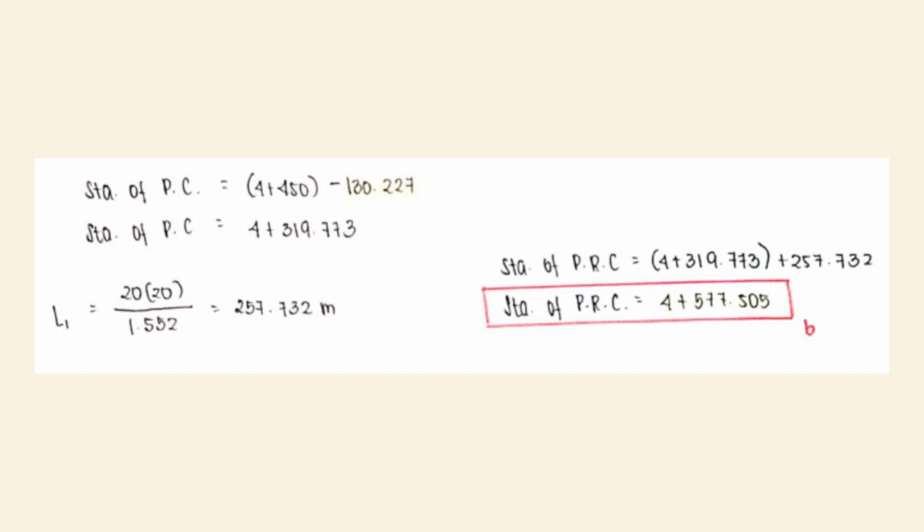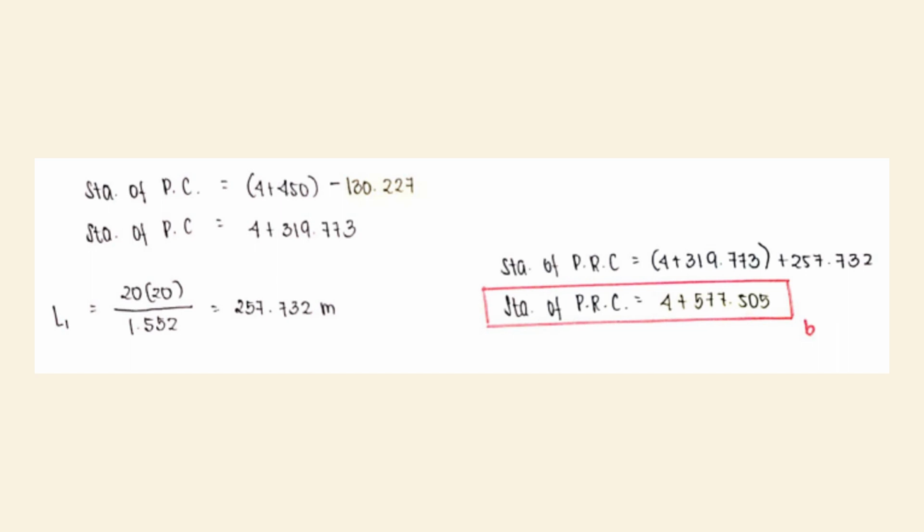L1 would be equal to 20 multiplied by 20 degrees over 1.552. So the value of our L sub 1 is equal to 257.732 meters. Now that we have the values of the stationing of the PC and the value of L sub 1, we can now proceed in solving the stationing of the PRC.